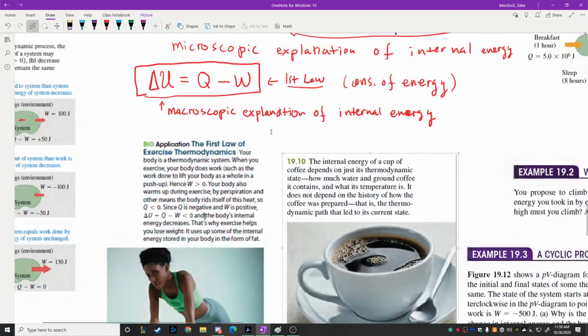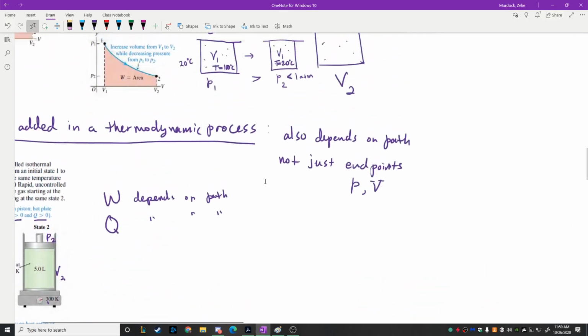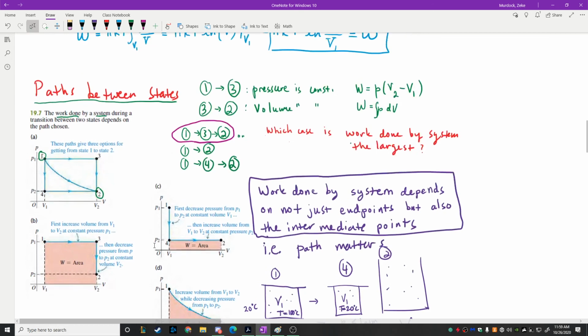So this is the other thing about this that's really kind of amazing. I'll end on this note and then we'll take a break. Before we got into this discussion about internal energy, remember where we came from. We were talking about the paths taken between states, right? And we said work done by a system depends on not just the endpoints, but also the intermediate points.